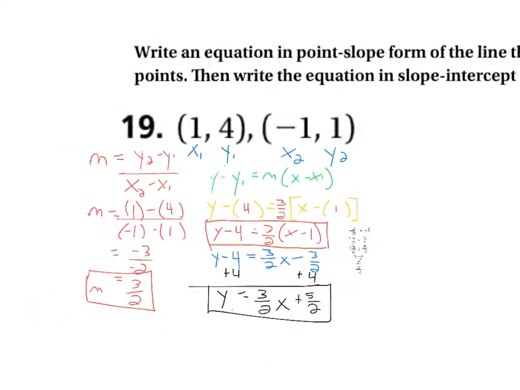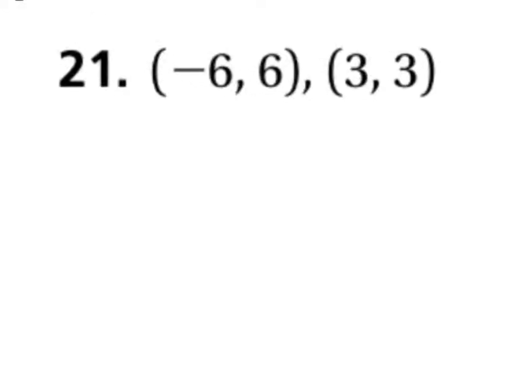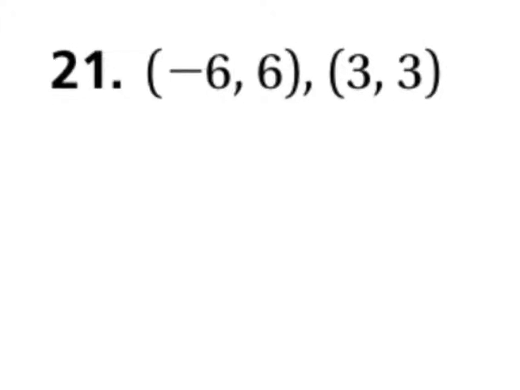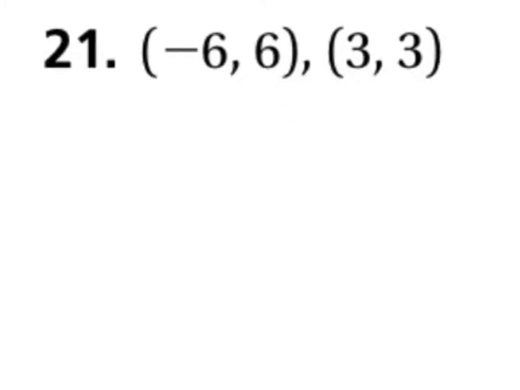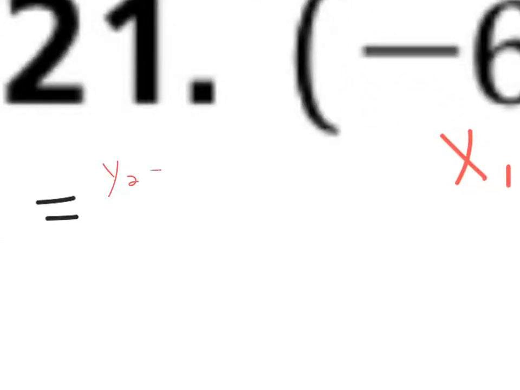Now, if I zoom back out and say that's all the work for that, what about all the work for 21? We're going to do the same thing again. Let me zoom in here. We're going to say m is equal to what? Let's label the points, x1, y1, x2, y2, and we're going to do y2 minus y1 over x2 minus x1.